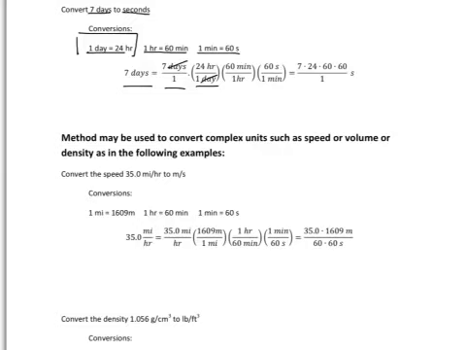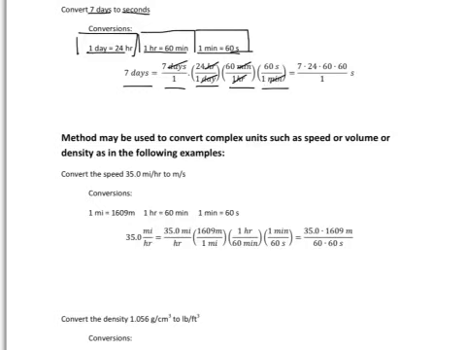And now I apply the second conversion factor. And I write it as 60 minutes in the numerator, 1 hour in the denominator to turn the hours into minutes. And finally, I apply the third conversion factor, which comes from this equivalency, and that conversion factor is 60 seconds over 1 minute, so minutes cancels and turns into seconds.